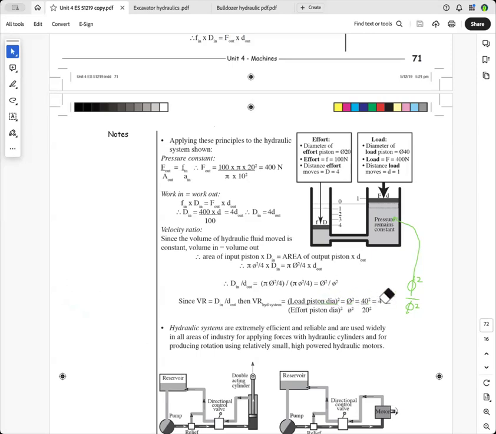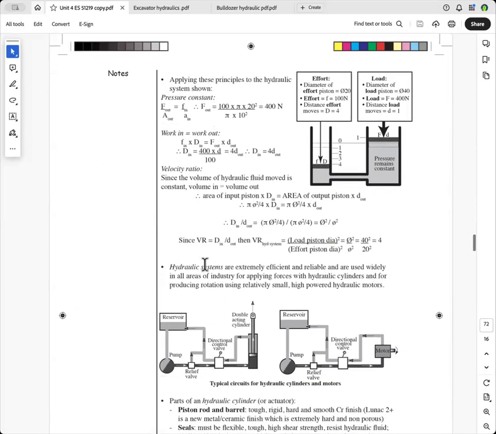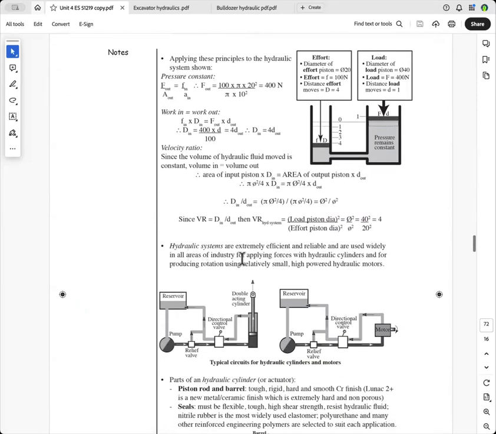But hydraulic systems are cleaner, they're easier to adjust, they're much more powerful, and that's why they're basically ubiquitous. They're used widely in all areas of industry, and I want you to keep your eye out and just have a look at all the hydraulic cylinders that you see in virtually every mechanical apparatus.